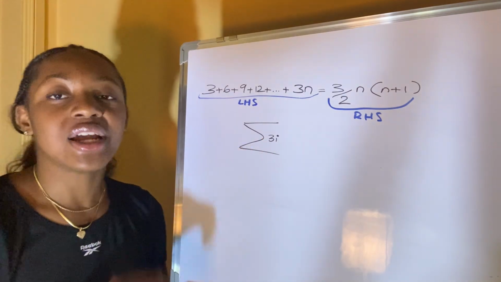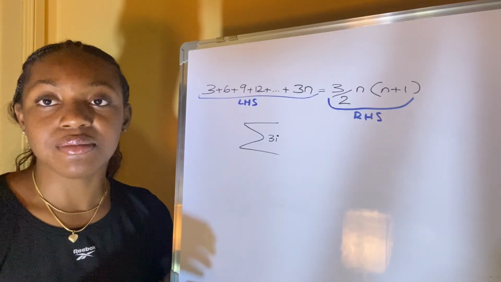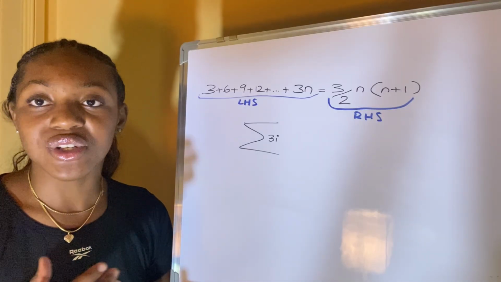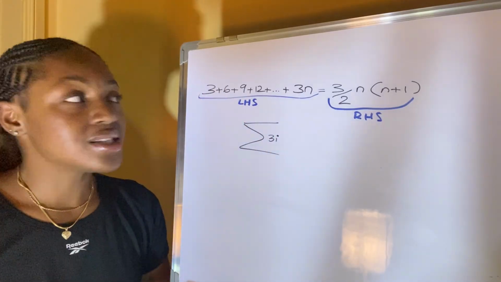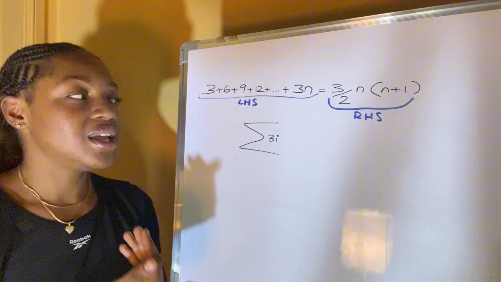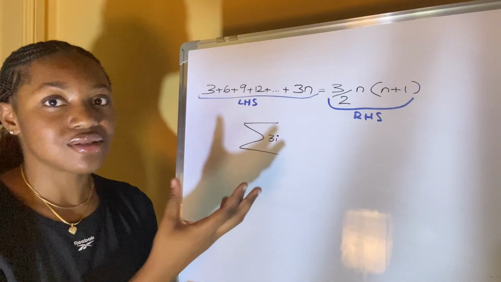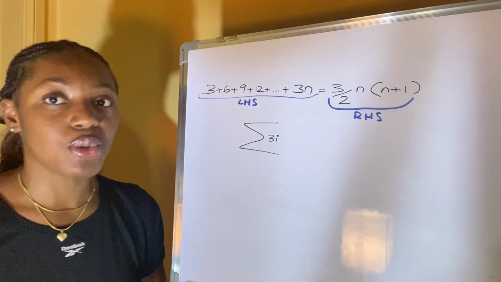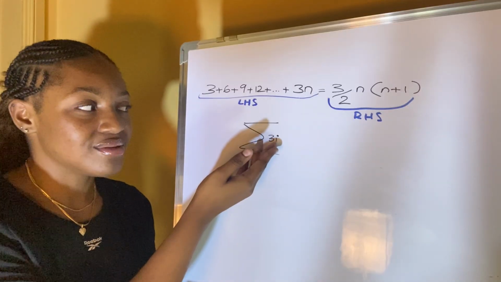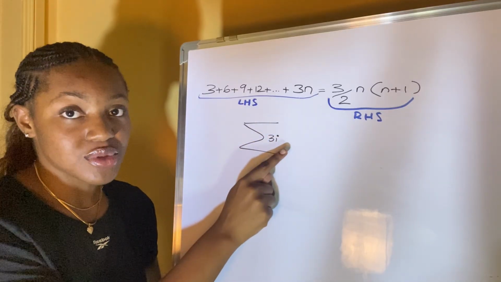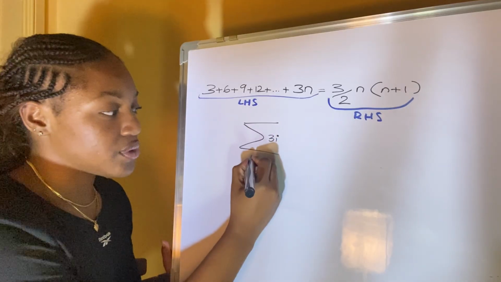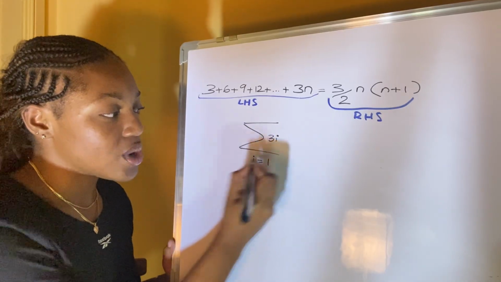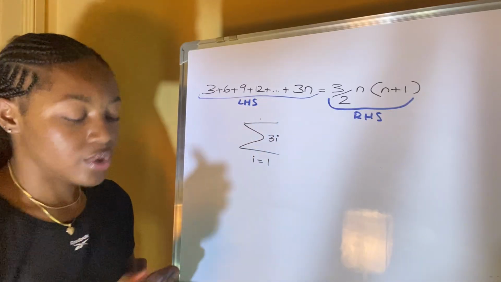Next, down here we would have our lower limit. The lower limit is simply the first number we substitute in the formula to get our first term. Since our first term is 3, that would mean that the first number we substitute in the formula would be 1, because 3 times 1 would give us 3. And that's our first term. Therefore, our first number is 1. And then up here would be our upper limit.